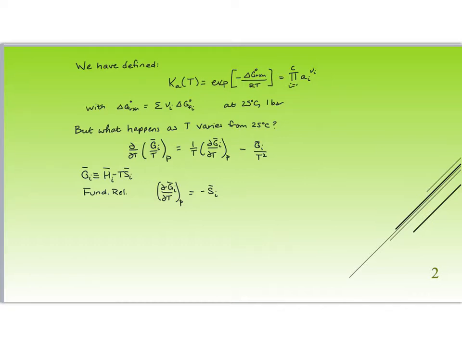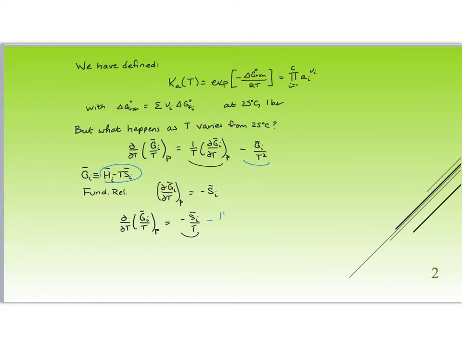So if we use these in our expression that we just wrote for how temperature affects this ratio G_i over T, what I have is that this is going to be negative S_i over T for this first group, minus G_i over T squared, where G_i is H_i minus TS_i.